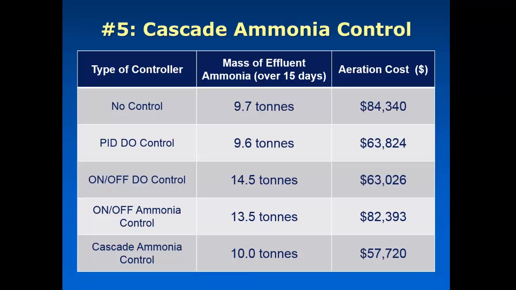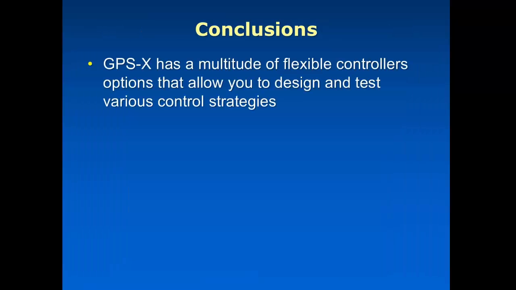At the same time, what kind of DO settings are you willing to have in order to be able to try and meet that? And there's an optimization there in those four bounds, plus also the amount of air that you'll be able to supply in order to hit those DO set points. So it's really a fascinating little system, and the best part of it all is that you can use GPS-X to model it and understand how those things go together.